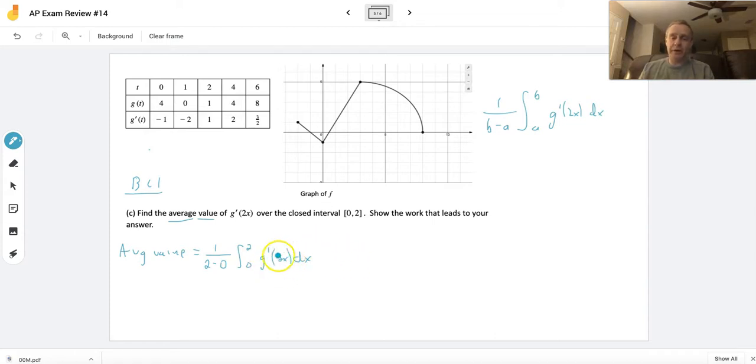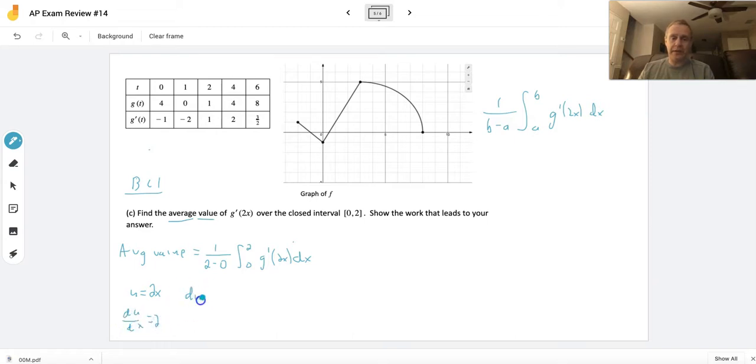Because of this inner function of 2x, however, if you want to, and I'll do it as well, we can do a u substitution to make sure that we find the proper antiderivative for this expression. And again, the inner function being 2x, that's going to be my u, and the derivative of 2x we know is equal to 2.